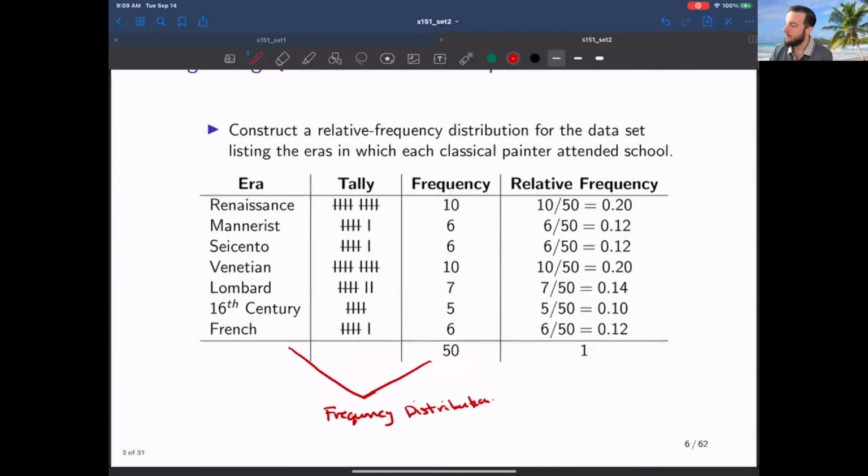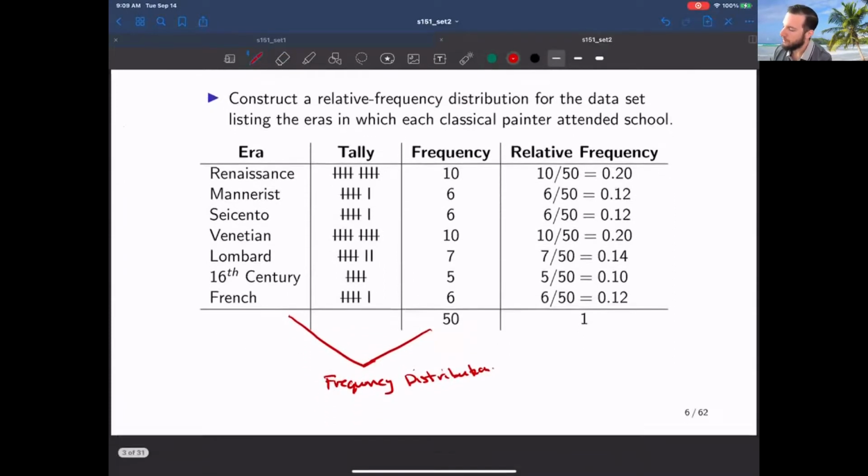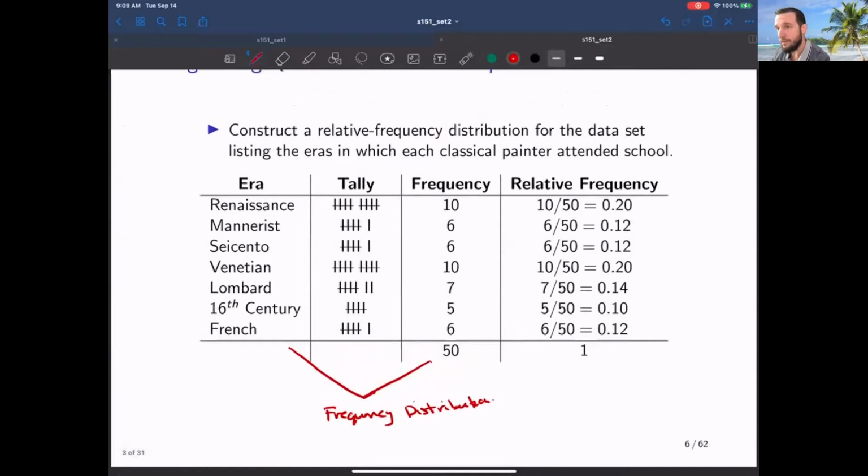Right. And then in the third and the fourth column, you can see the relative frequency distribution. So if I was to do a similar thing here, right. Okay, so these 2 columns here, this is my relative frequency distribution.